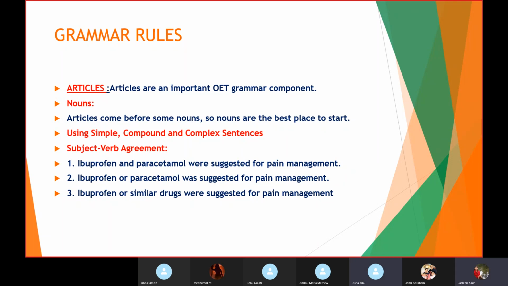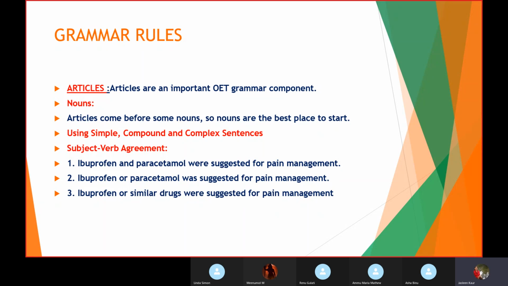That's a complex sentence, when we say 'for which'. Yes, compound is, for example, with 'and', or 'as well as'. Okay, so make sure you use these three sentence types.